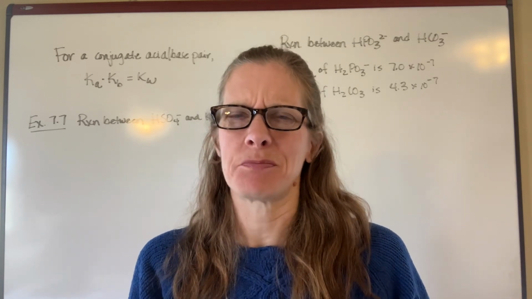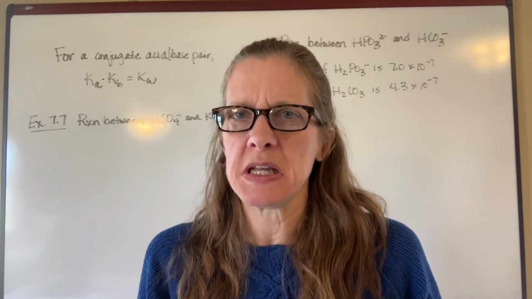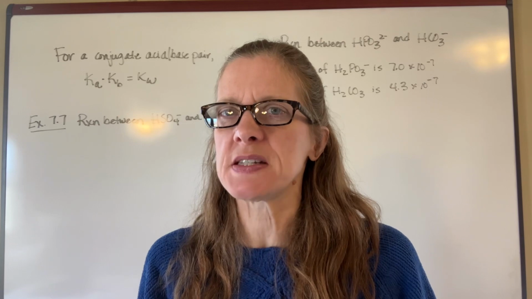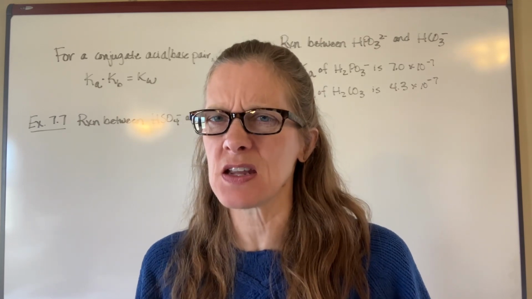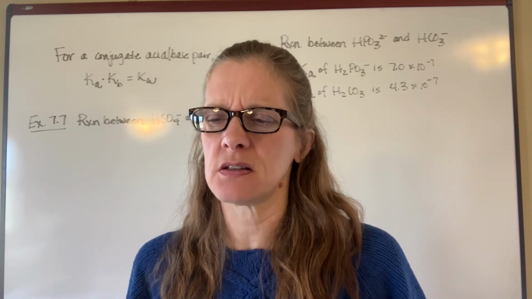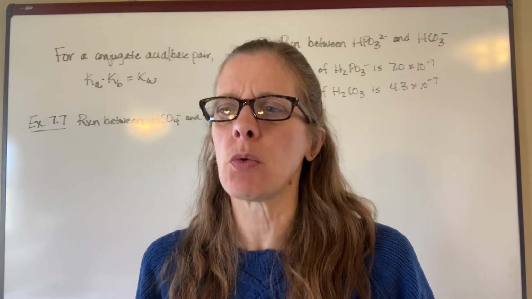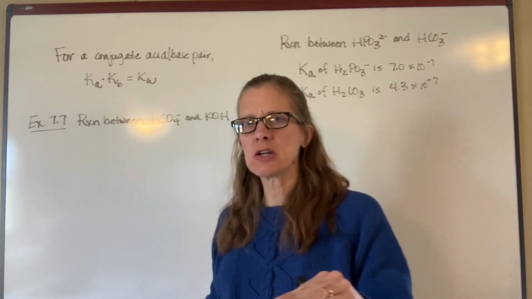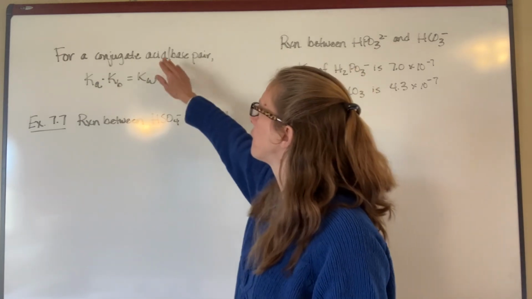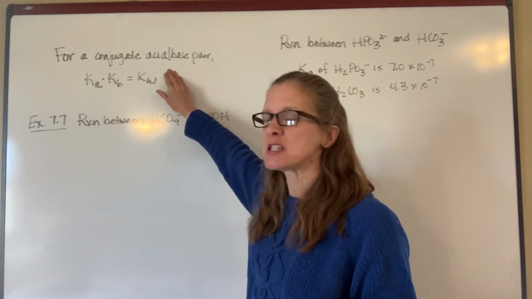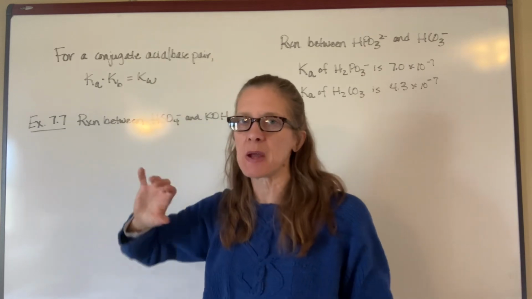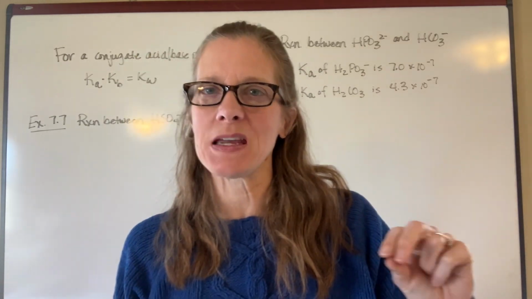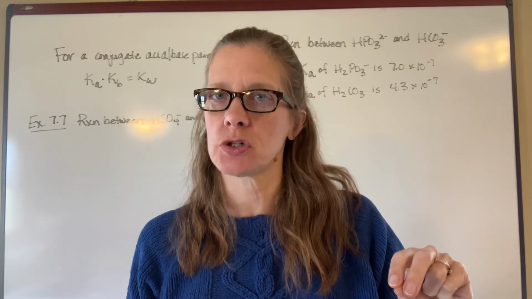I mean, that seems like it should be relatively clear, but how do I actually tell if I'm looking at Kas, or if I'm just looking at the two formulas, how am I going to be able to tell which one it's acting like? Well, there is a relationship that can help us out. For a conjugate acid-base pair, and remember, a conjugate acid-base pair is one where you have two formulas that are related by a hydrogen ion.